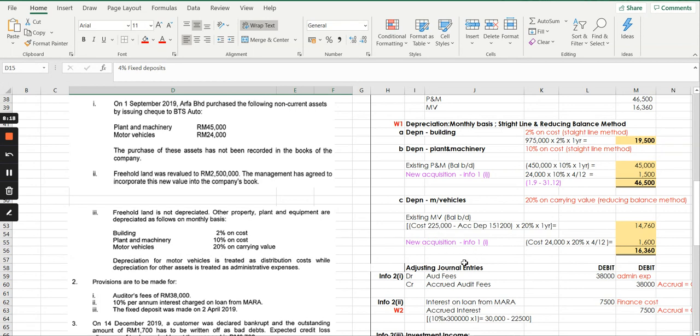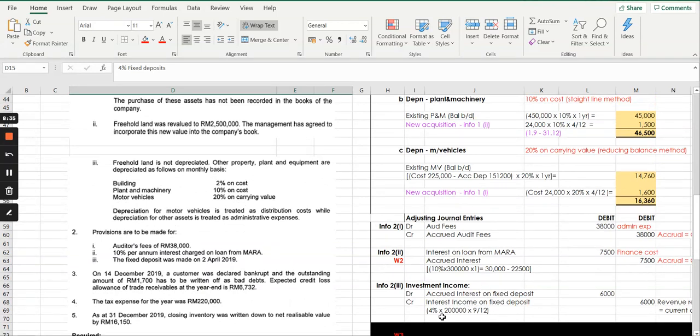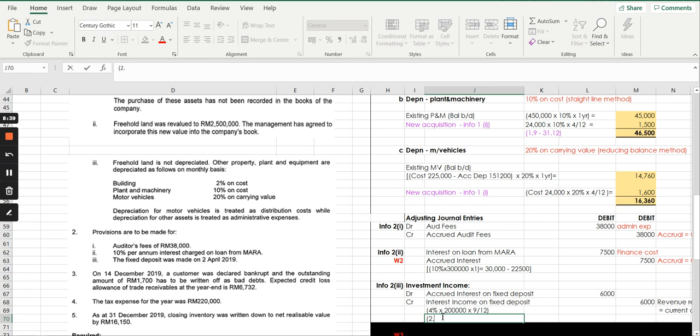But what you need to see is that the deposit was not made for 1 year. It has been made for just around 9 months, because it was made on 2nd of April. So the interest will be calculated from 2nd of April up till 31st of December.